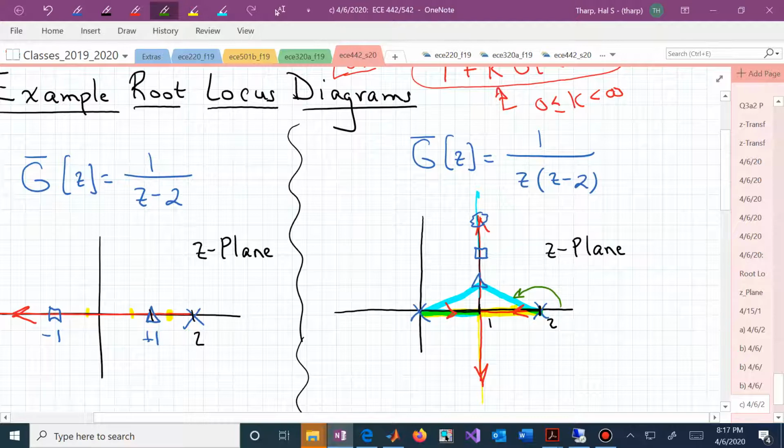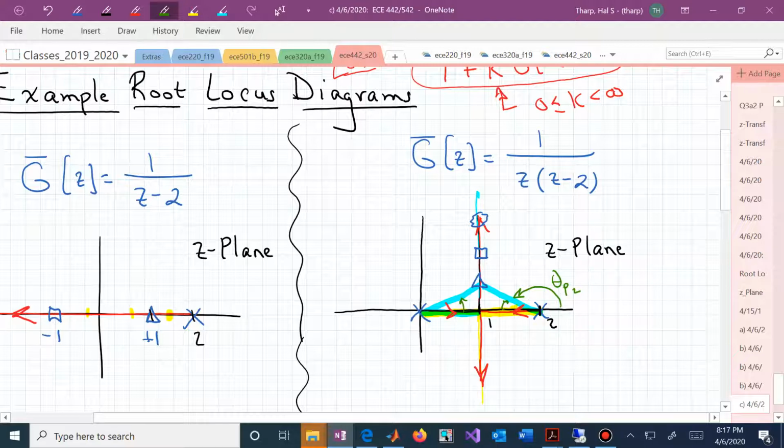That angle is contributed by the pole at 2, and this angle is contributed by the pole at the origin. But the angle contributed by the pole at the origin is exactly the supplement of this angle, let's say theta sub p sub 2.